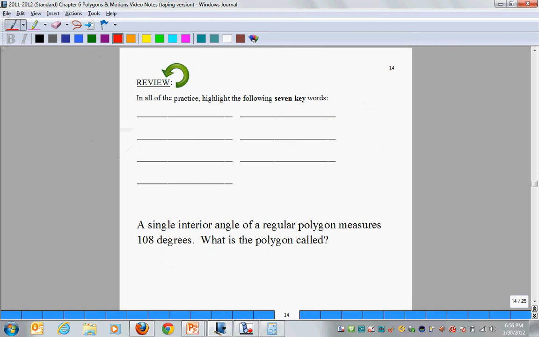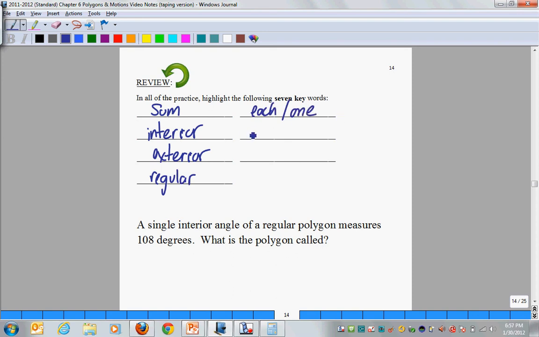As a quick review of our previous lesson, we need to work with these 7 key phrases or words when you're working with angles and polygons. Those key phrases are sum, interior, exterior, regular, each or one.